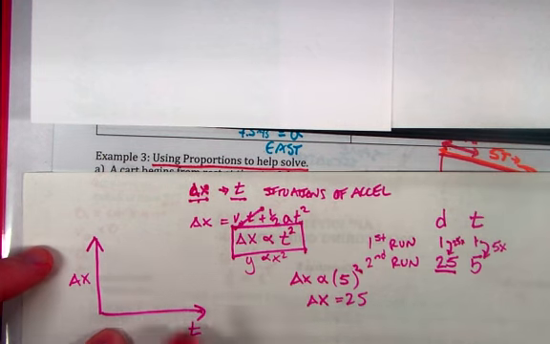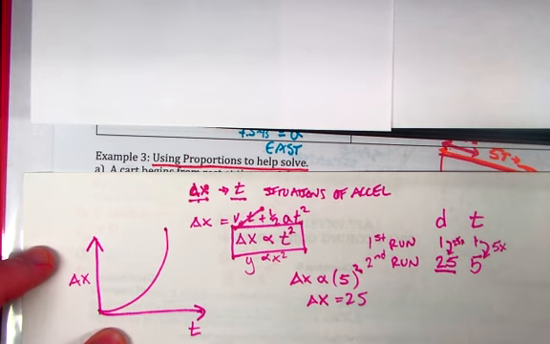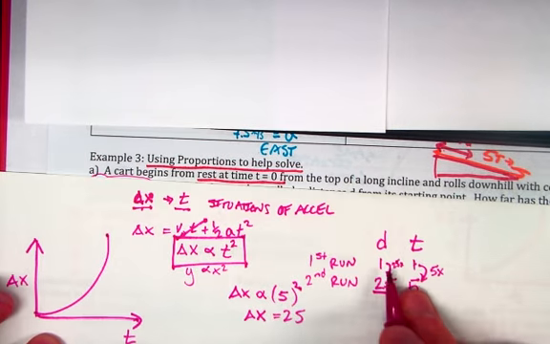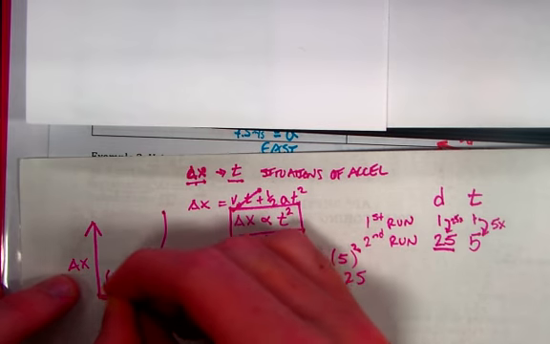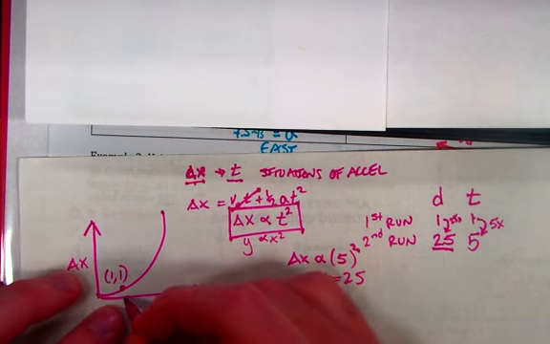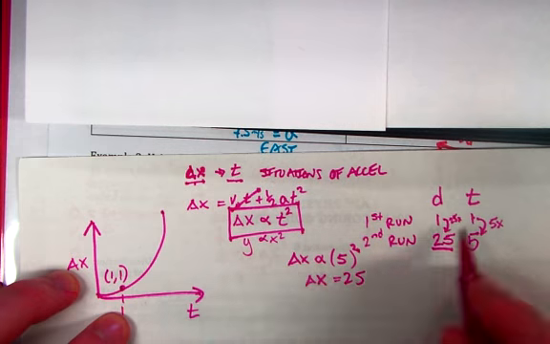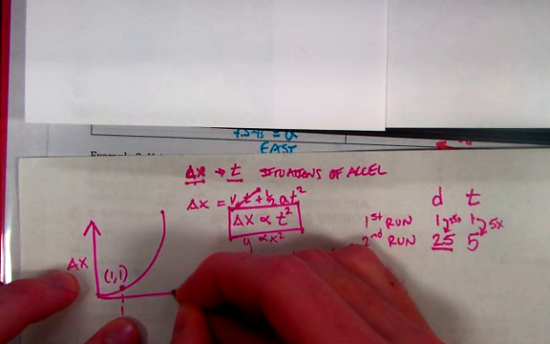Here we have delta x and t, and the equation is squared. So let's run these numbers. My first run was 1, 1, and then for my second run, instead of a time of 1, I had a time of 5.